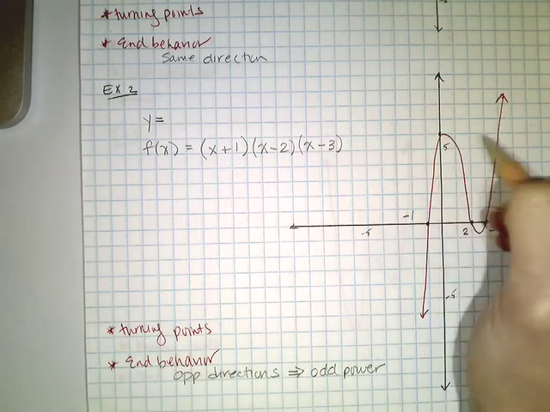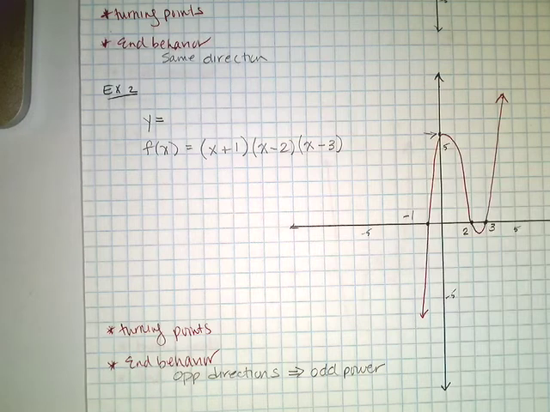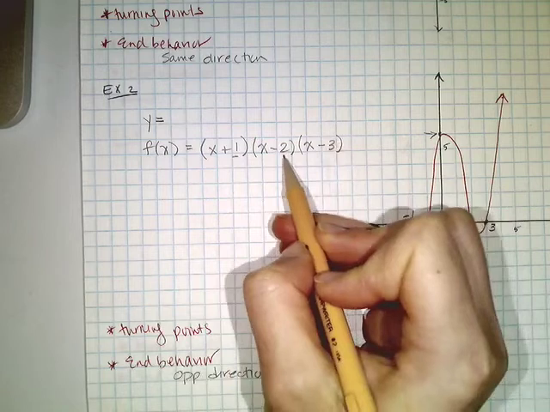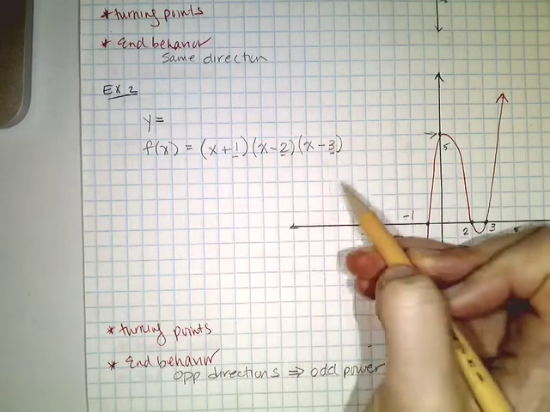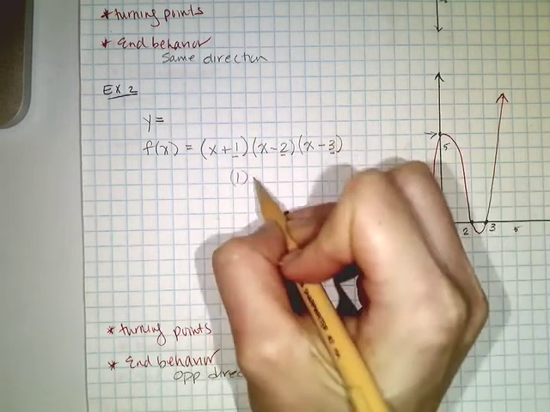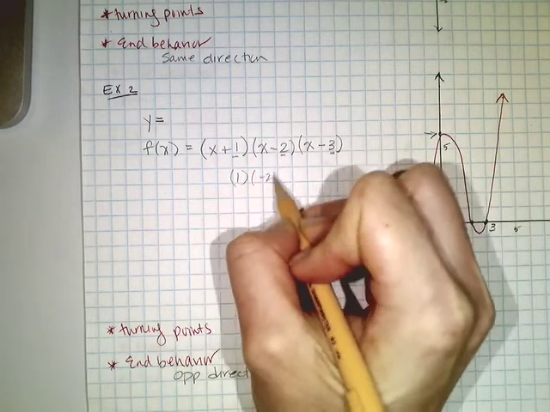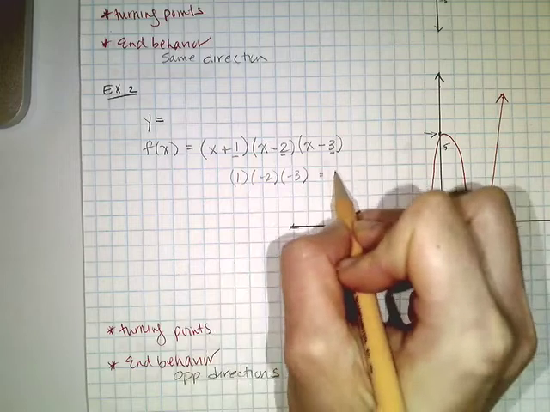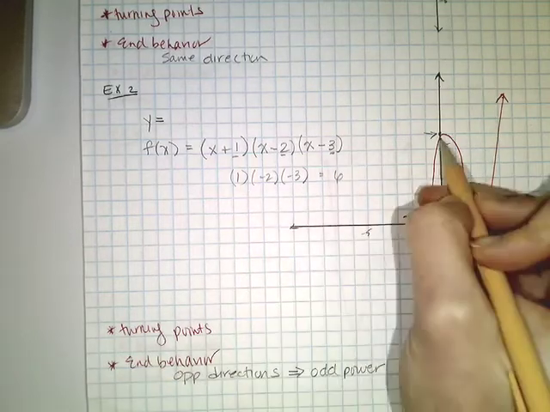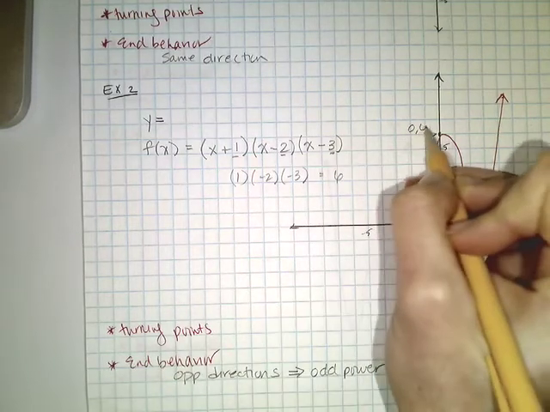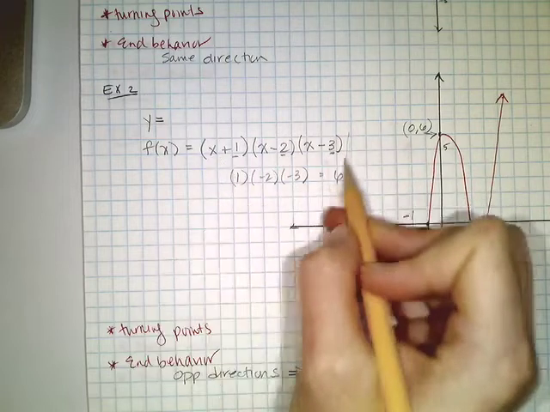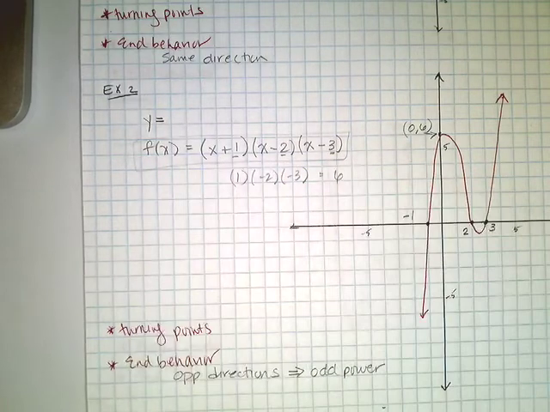This guy right here, the y-intercept, if I were to multiply 1, excuse me, I should have said -2 and -3. That is +6. Notice that this is 0, 6. So when you do that, you will know you're on the right track. This is the factored form of this polynomial.